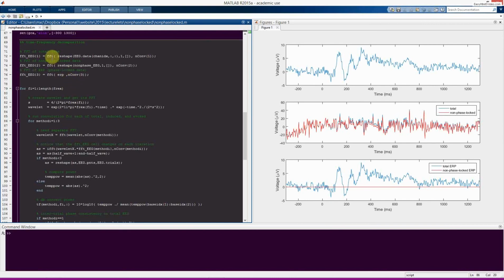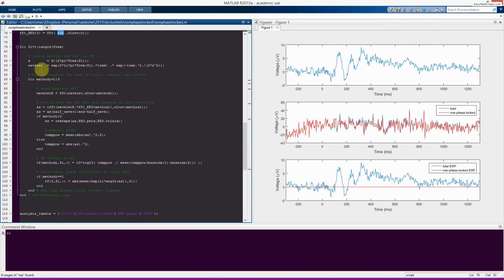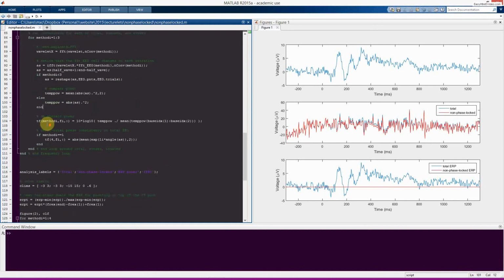So that's why we need to compute the Fourier spectrum of the total signal, that's the data without changing anything, the non-phase locked part of the signal, and the ERP. And then you can go through this code line by line, but you will quickly recognize all of the important steps of convolution. And then there's just some other special details that we have to take care of just to make sure that things are working.